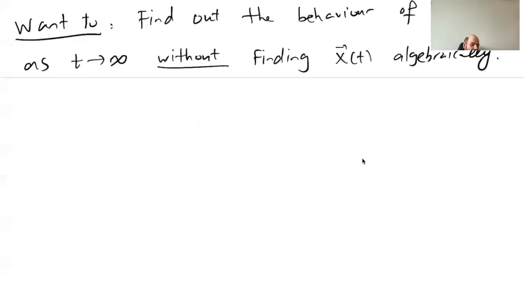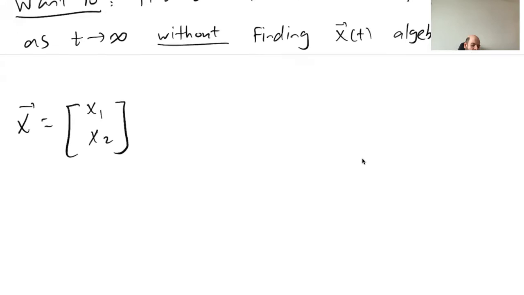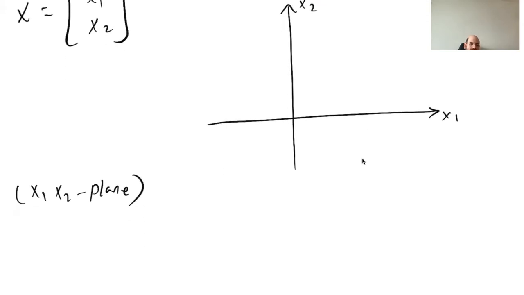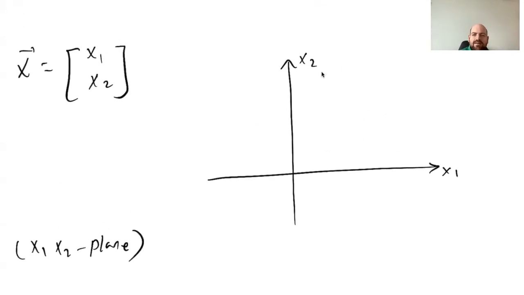So remember x has two coordinates, x1 and x2. We are going to let each axis represent one of these coordinates. So I have the x1 axis and the x2 axis, so this is the x1, x2 plane. The x-axis represents x1, the first coordinate, and the y-axis represents x2, the second coordinate. Here we have two unknown functions and two coordinates.